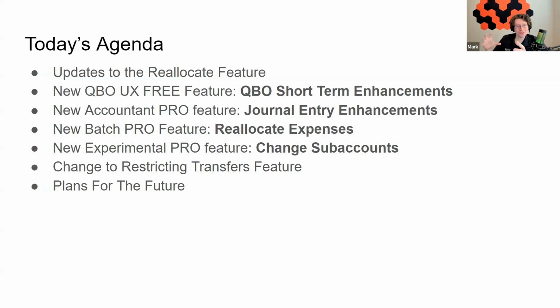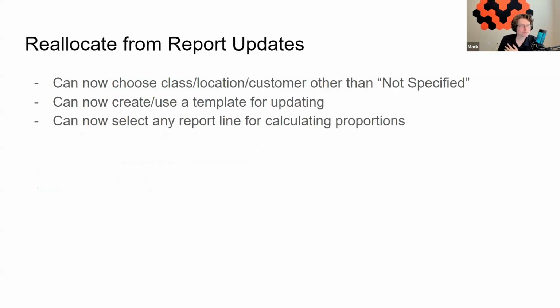We're trying to reduce the number of toggles a little bit, if you can't tell. Then we have the batch pro feature of reallocate expenses, and a new experimental feature called change subaccounts. Finally, we also changed a feature called restricting transfers. We'll talk about that a little bit more.